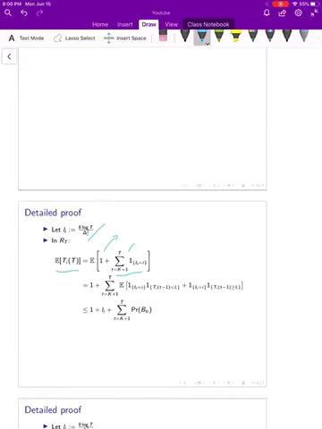Now we further split this term by adding these two exclusive events.